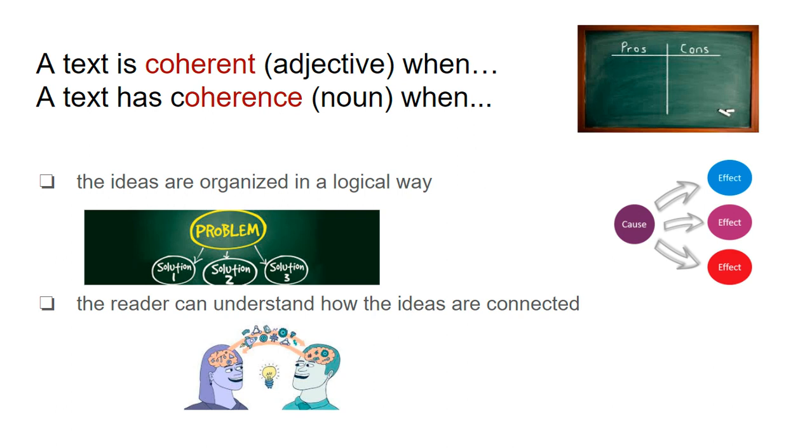So, as we're reading, we want to think about this. How did the author, the writer, organize their ideas, and how can we understand them? And this is the same way when we're writing or speaking. We want to organize our ideas in a way that the reader or the listener can understand. So this is all about clear communication.